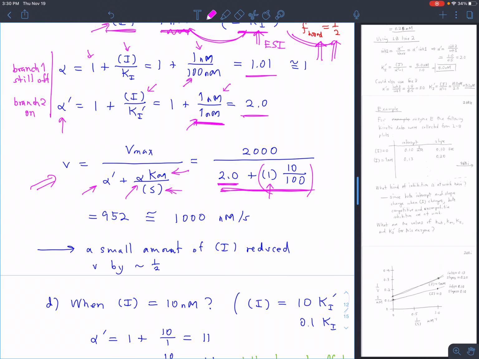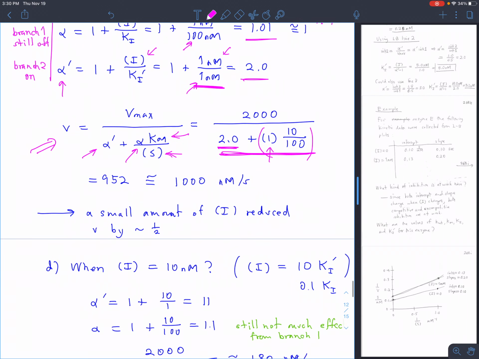So that means this denominator down here is basically 2, which means we've reduced our maximal velocity to just half of what it normally is, as is expected by what we said up above about branch 2 type mechanisms. Branch 2 lowers the Vmax even when you're at saturating conditions, but doesn't change the Km value.